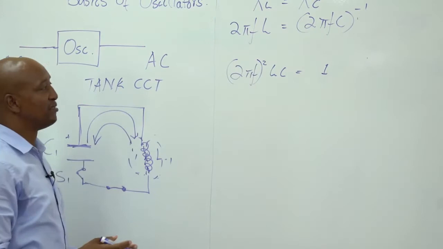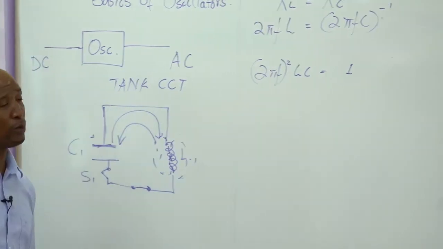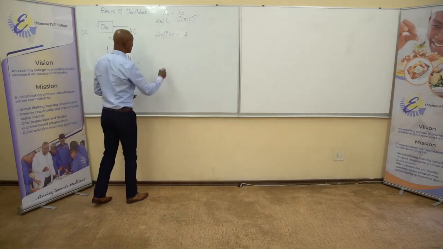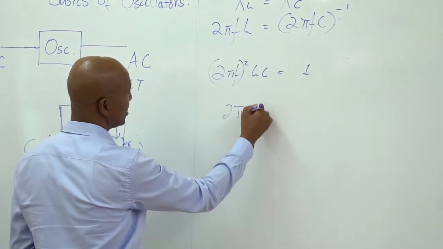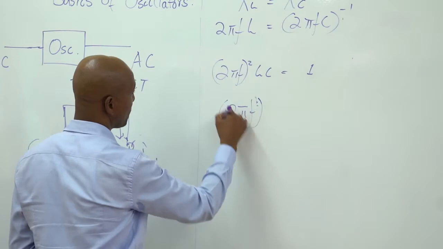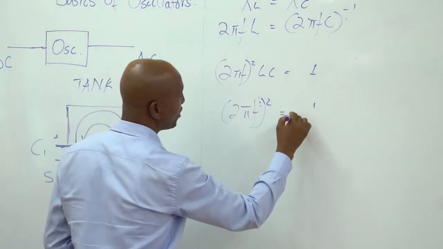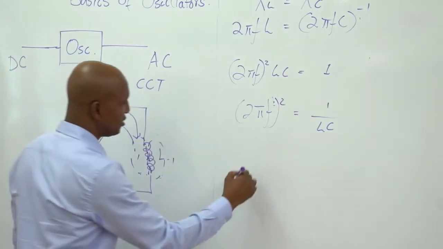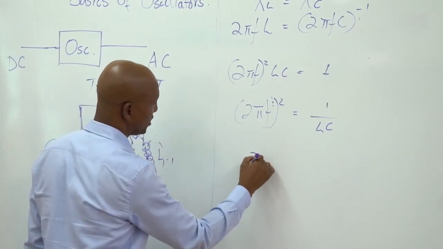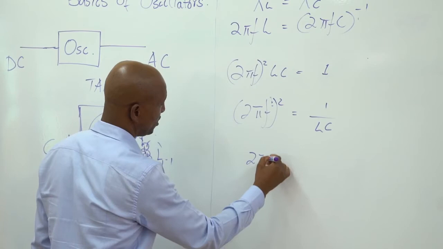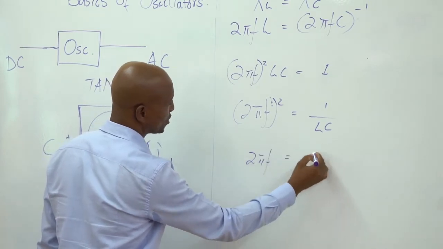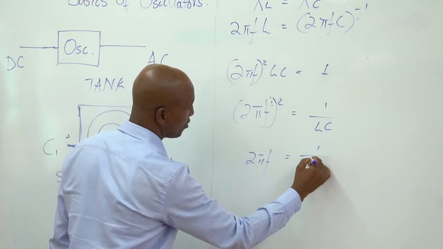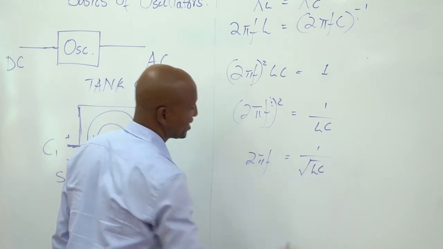We will not go deeper into the mathematics of it, but it will simply tell us that (2 pi f) squared is equal to 1 over LC. Therefore, 2 pi f shall be equal to the square root of 1 over LC.